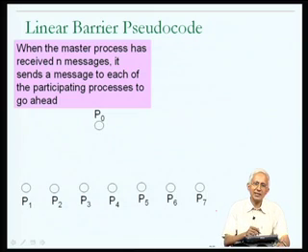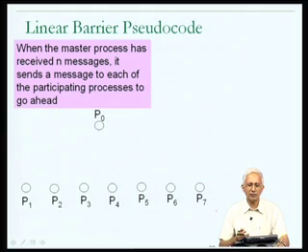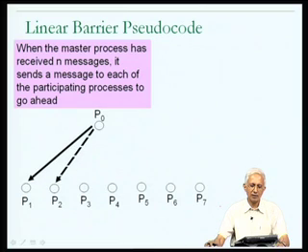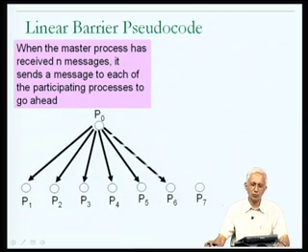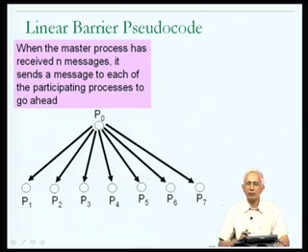So the master is keeping track of the messages that it has received, and as soon as it has received a message from each of the n processes, it sends a message in return to each of the 7 processes, in order to processes P1 through P7. As soon as each of P1 through P7 receives a message from the master, it knows that it has finished with the barrier and can proceed out of the barrier.